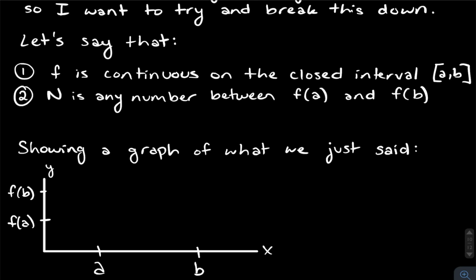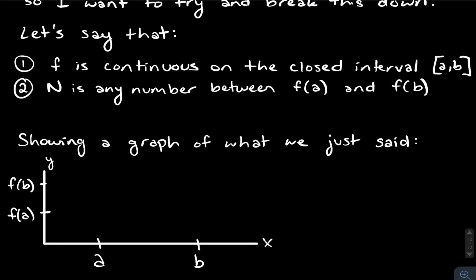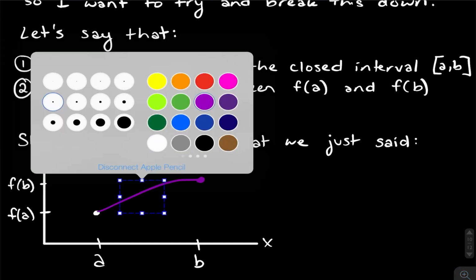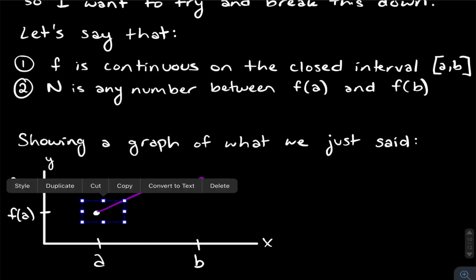Okay, now, so showing a graph of what we just said, we could have some function that looks like it starts at f of a and it goes to f of b, right? And we'll make this purple because we're in the purple section.